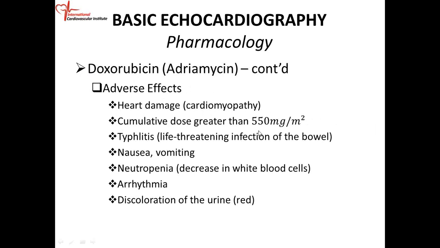Probably 450 to 550, anything greater than that, you have to think in terms of heart muscle damage. You can also get what we call typhlitis, which is a life-threatening infection of the bowel, nausea, vomiting, neutropenia. Any cells that replicate a lot, it can reduce those cells. So you can get a neutropenia, a reduction in the neutrophils in the blood. It can also cause some arrhythmia and red discoloration of the urine.